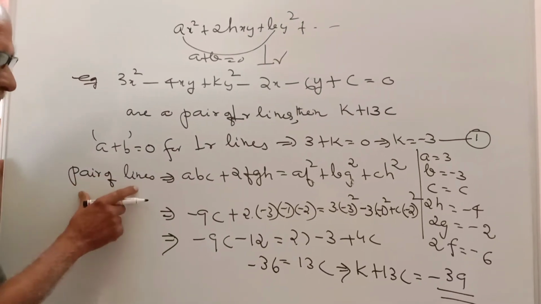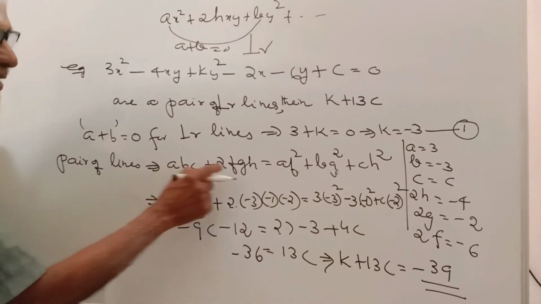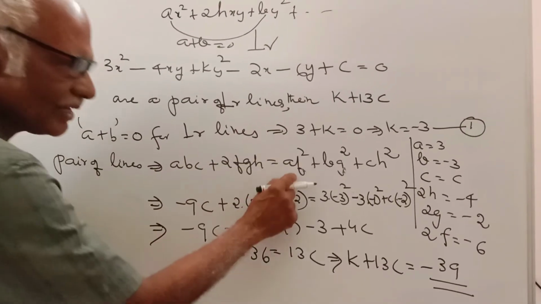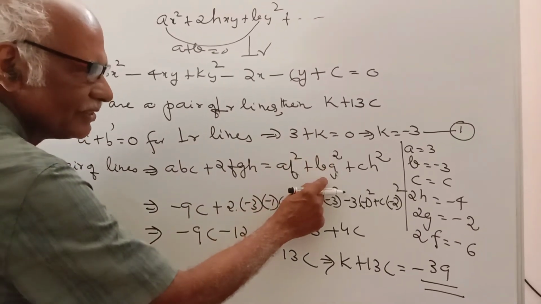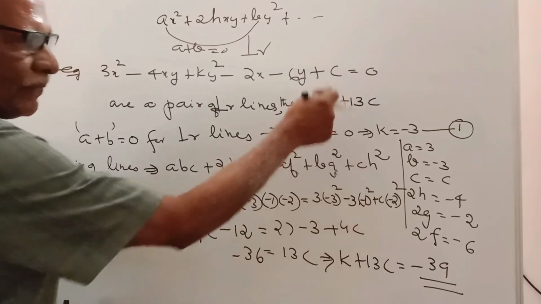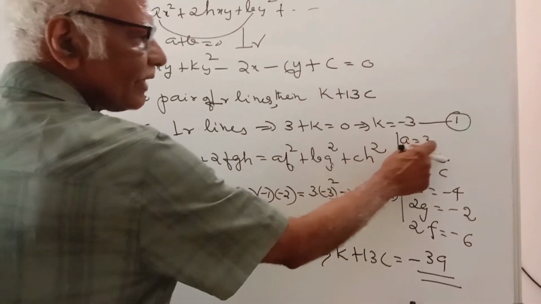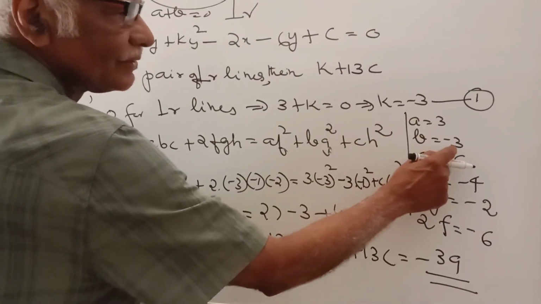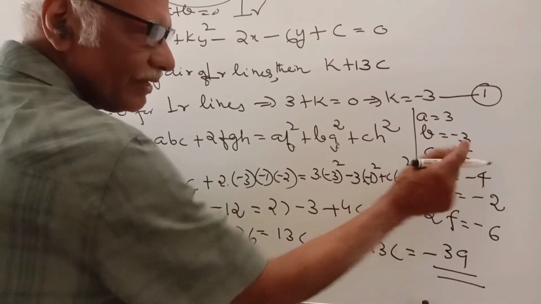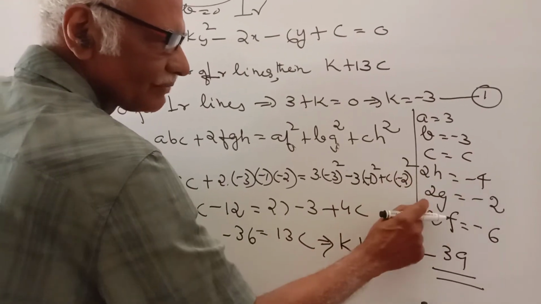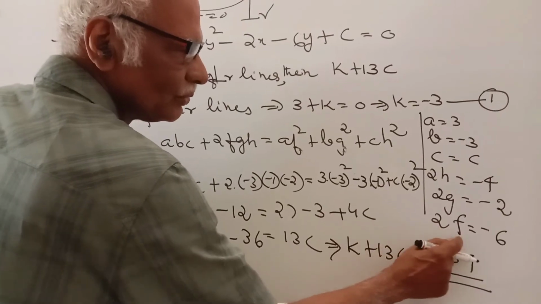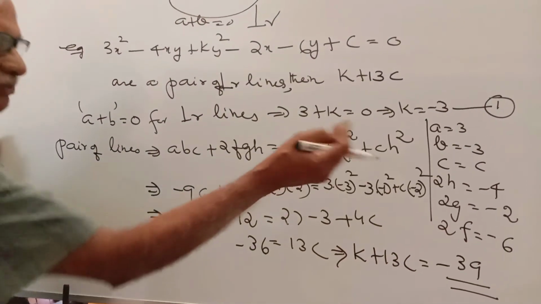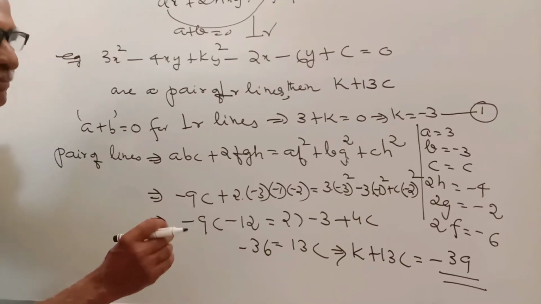Now the condition for a pair of lines: abc plus 2fgh equals af squared plus bg squared plus ch squared. In this question, a is 3, b we have found is minus 3, c is c, we don't know, 2h is minus 4, 2g is minus 2, 2f is minus 6. We substitute these values.